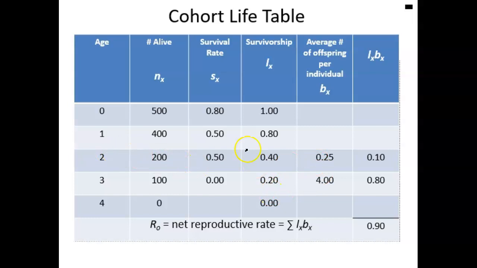Yeah, some reproduce when they're 2 months old, but if I could just have twice as many reproducing at the 3-month time class, I'd have a population that's growing instead of getting smaller. It allows us to see those details instead of just using lambda or lowercase r and kind of the big picture. This allows us to see where things are happening and what's most important.